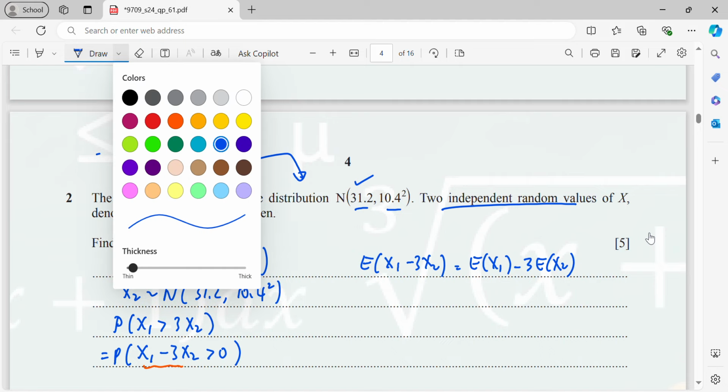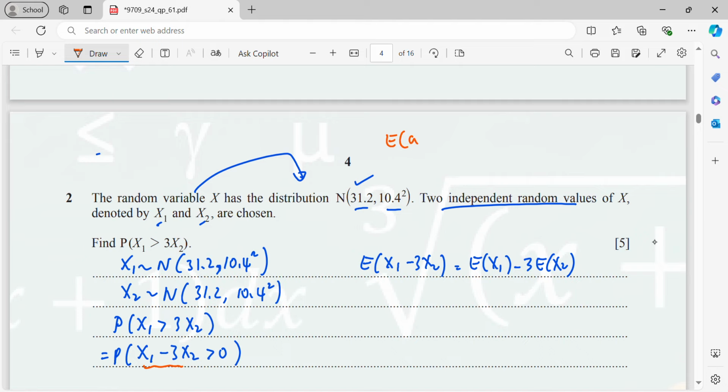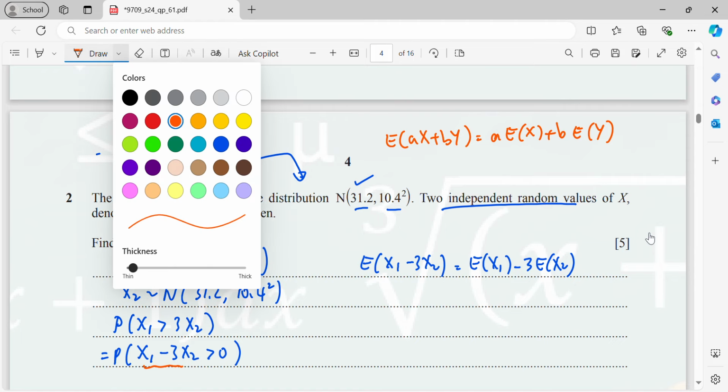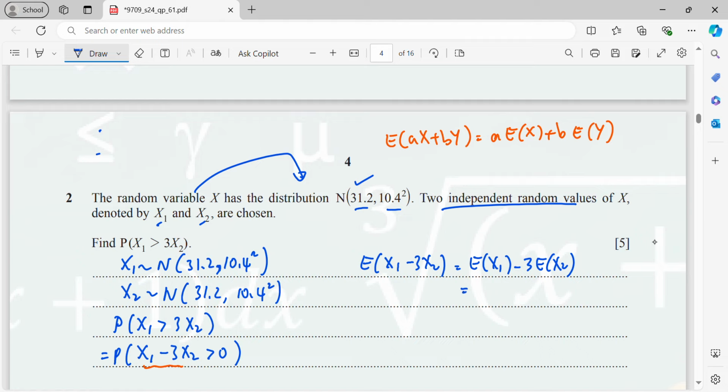We have this formula, E(aX plus bY) is aE(X) plus bE(Y). Whenever you have constants, you just factorize them out. So that is 31.2 minus 3 times 31.2. Then you will be getting negative 62.4.